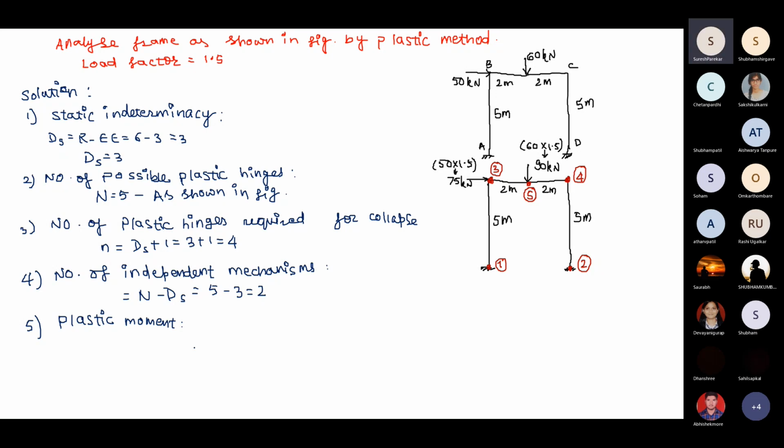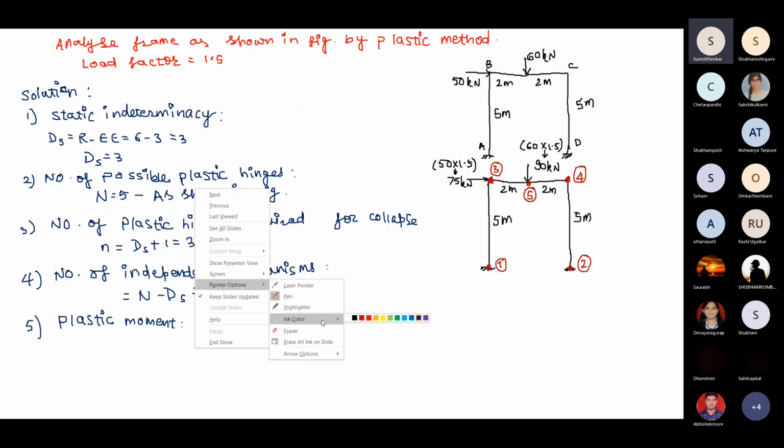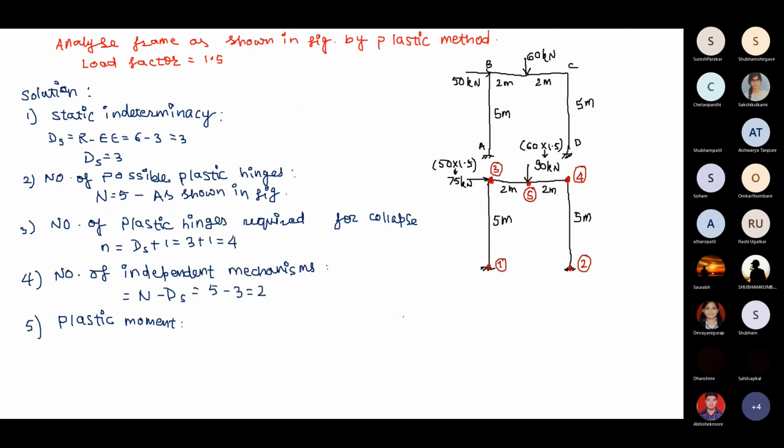And then we have plastic moment. Now we have beam mechanism and sway mechanism.